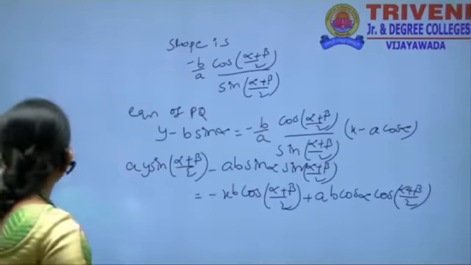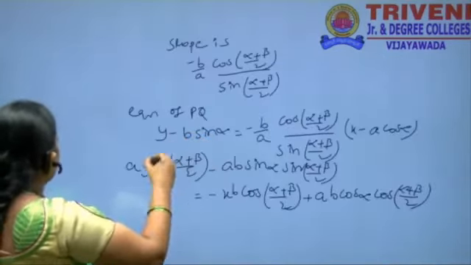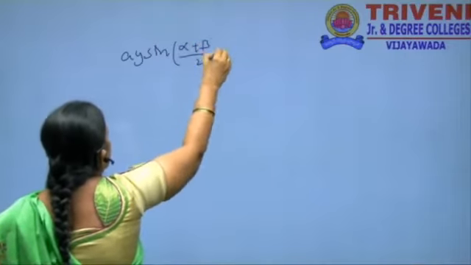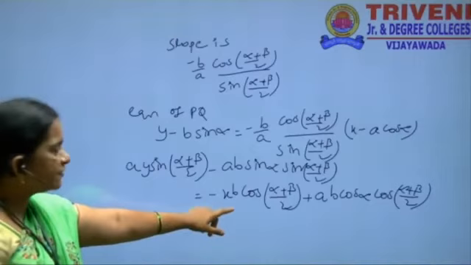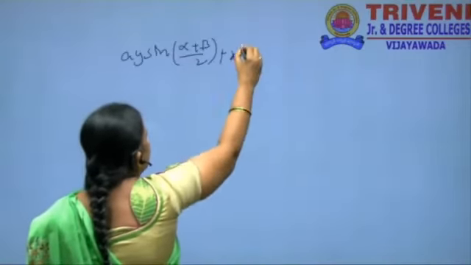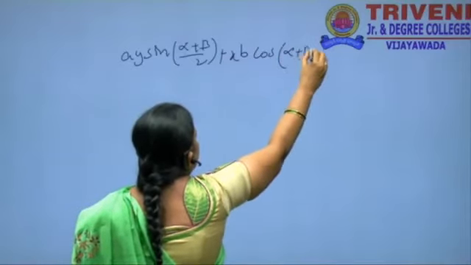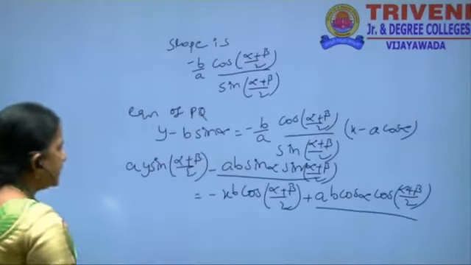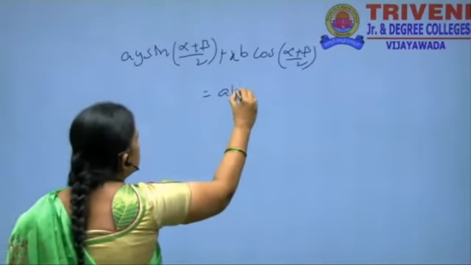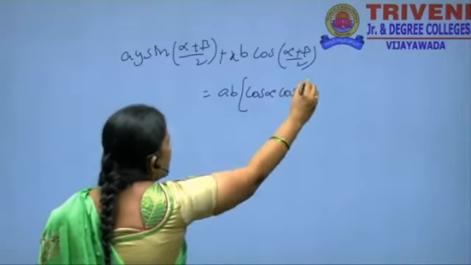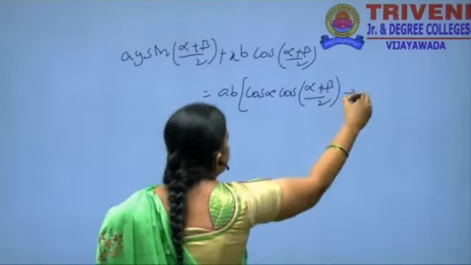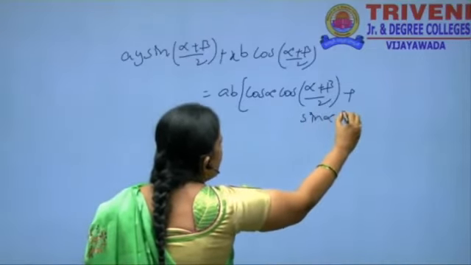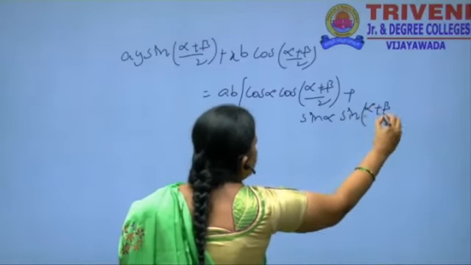Okay, in this, xb we have to move to the right-hand side. First we write ay sin of (alpha plus beta) by 2 plus xb cos of (alpha plus beta) by 2 is equal to, in the remaining two values the common factor is ab into cos alpha cos of (alpha plus beta) by 2 plus sin alpha into sin of (alpha plus beta) by 2.